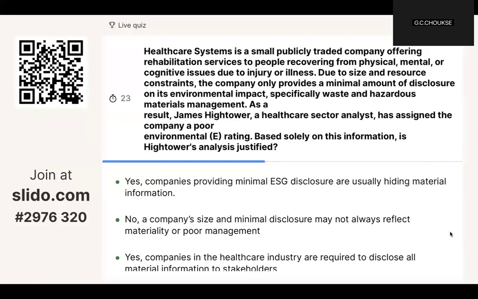As a result, James Hightower, an analyst, has assigned the company a poor environment rating. Based solely on this information, is the analysis justified? Yes. Attempt the answer, okay.